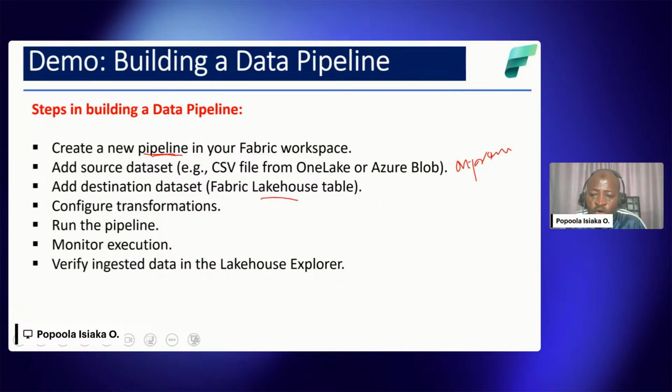So we can configure a lot of transformations. We can run the pipeline. We can monitor execution, and we can also verify ingested data in the Lakehouse Explorer. So these are the basic steps that are required in building a data pipeline in the Microsoft Fabric environment.